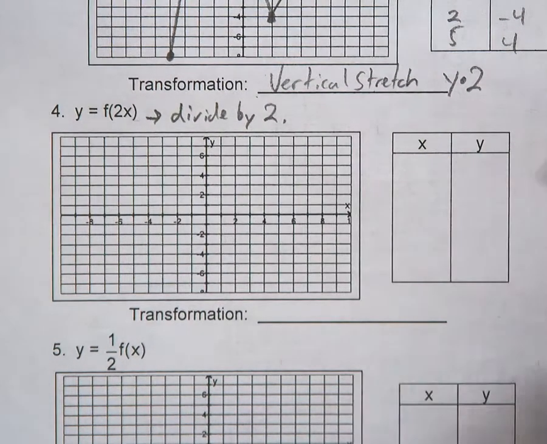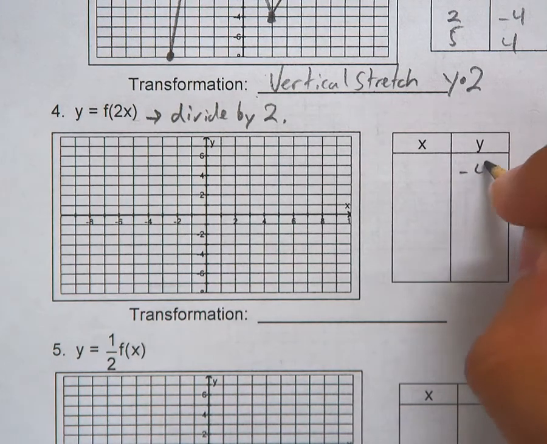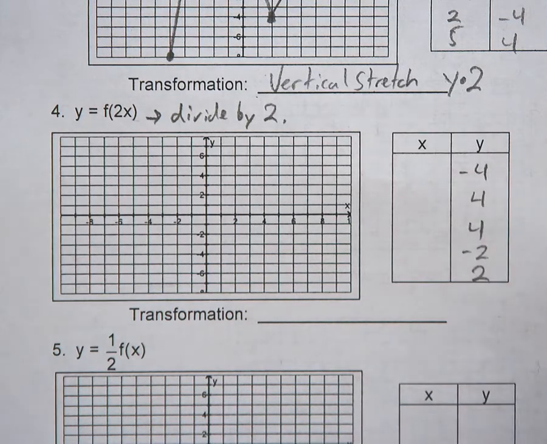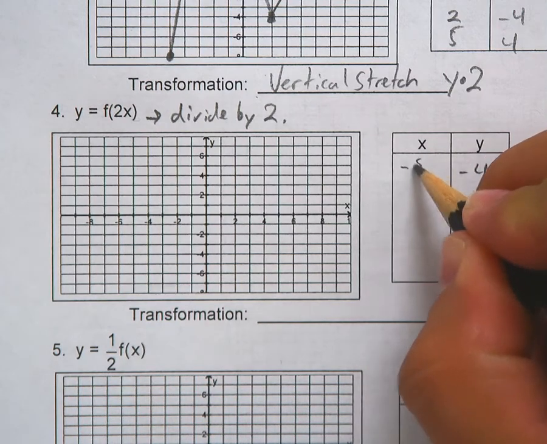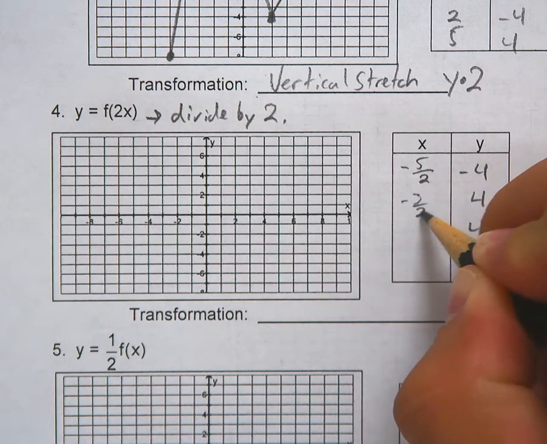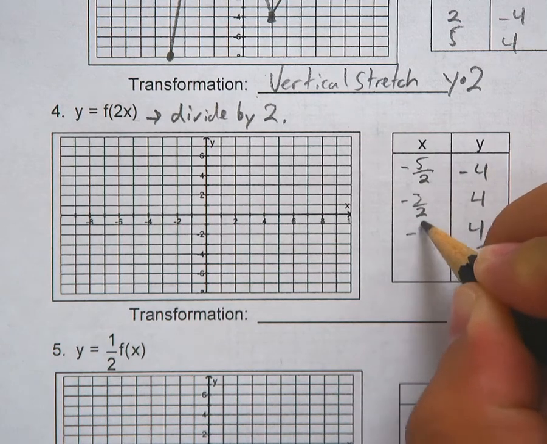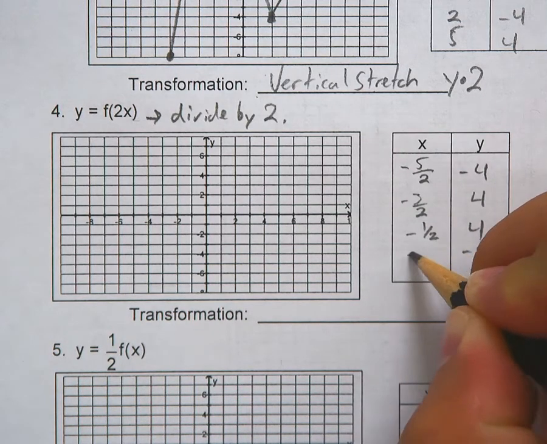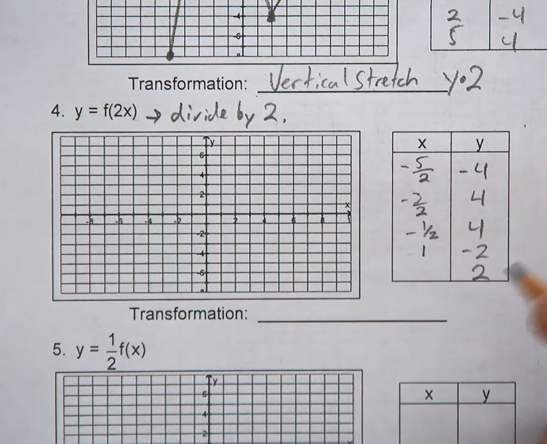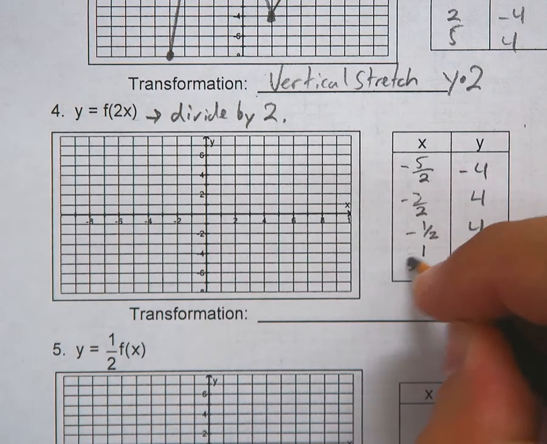I'm dividing my x value. So your y values here are going to be the same as the original. Negative 4, 4, 4, negative 2, and 2. But your x values are going to be divided by 2. So negative 5 halves, negative 3 halves, negative 1 half, 1, and 5 halves.